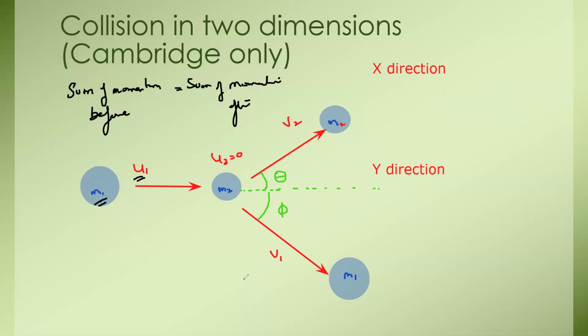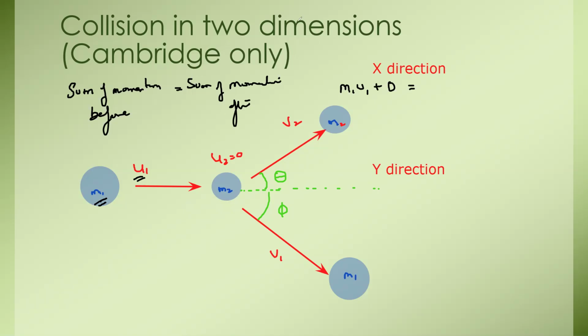Because the object has changed direction, it will have two components. What is the component in the x direction? The first one is m1 and u1, so the momentum of the first object is m1 u1 plus the momentum of the second object, which is 0 because it was not moving.